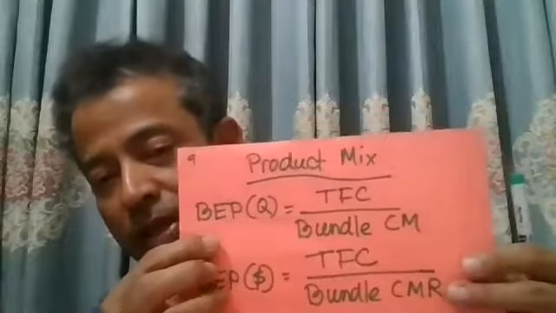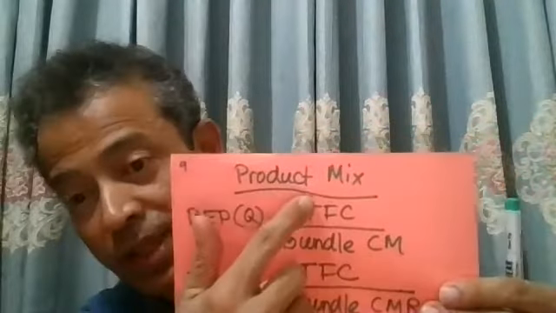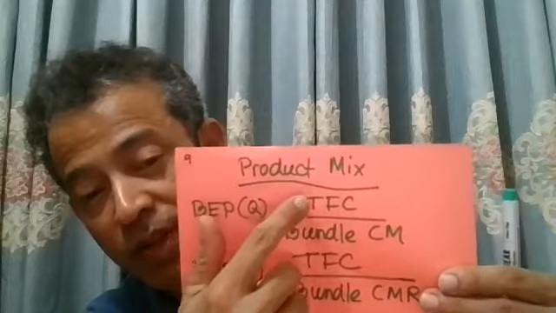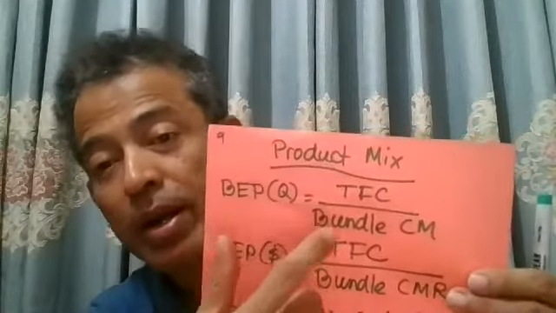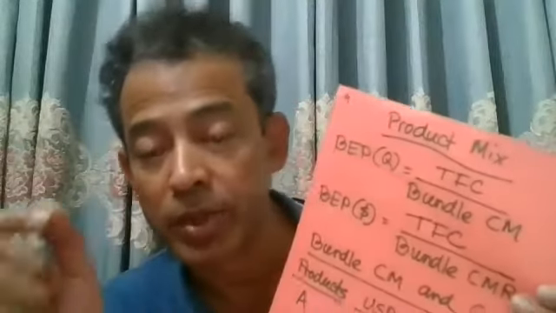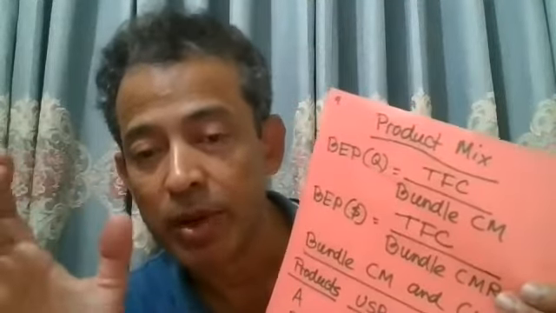Break-even point in units is equal to still TFC, no change, total fixed cost, but divided by, instead of contribution margin, what I call bundle contribution margin or weighted contribution margin, WCM. So TFC divided by WCM, or in dollars, TFC divided by WCMR.